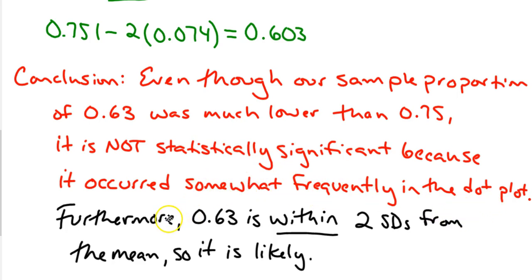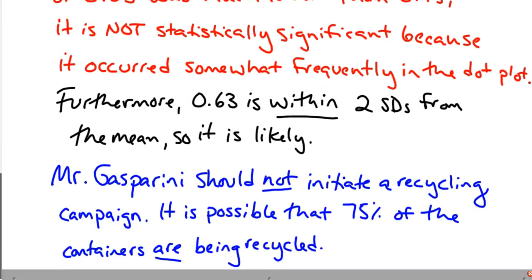You would say, furthermore, your value of, let's say 0.5 is beyond 2 standard deviations from the mean, so it's unlikely. And then your conclusion would be, wow, Mr. Gasparini should initiate a recycling campaign. It is not possible, based on our sample, that 75% of the containers are being recycled. It's much less than that. Okay?